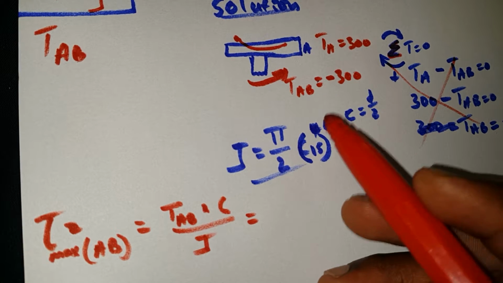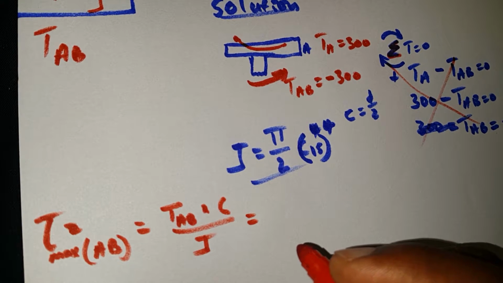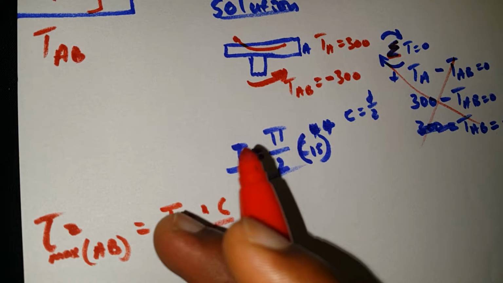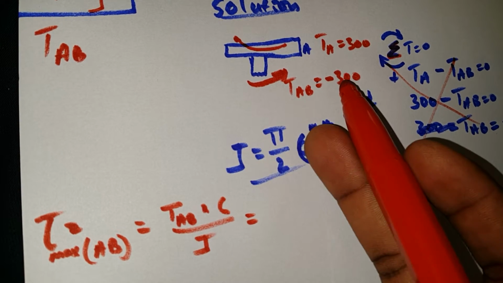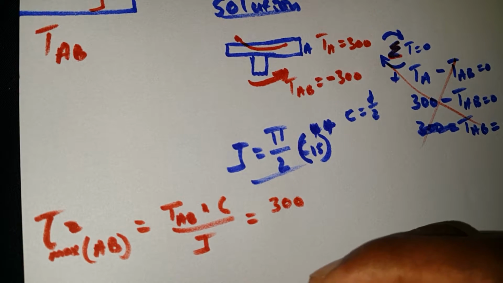Remember what I told you earlier? When you are solving for torsion, we don't consider the negative and positive sign. We don't consider it. So let's say this is 300.